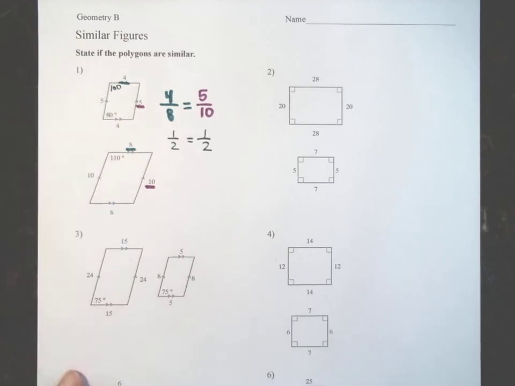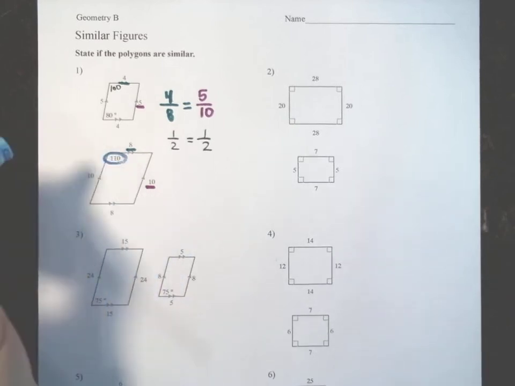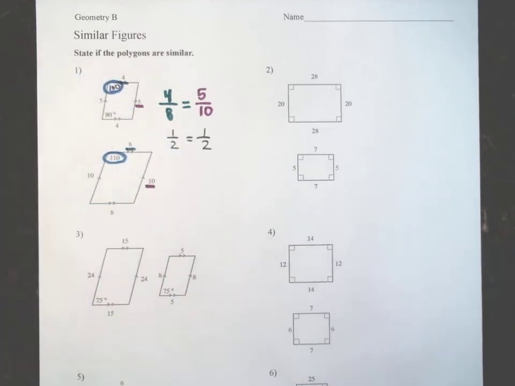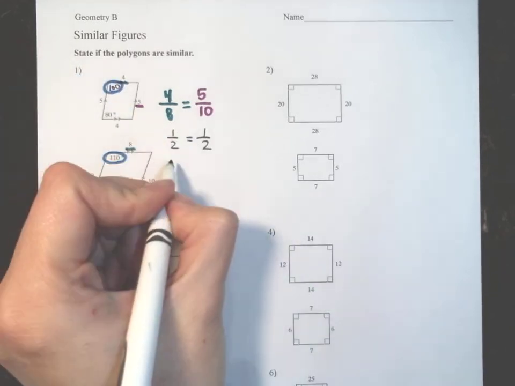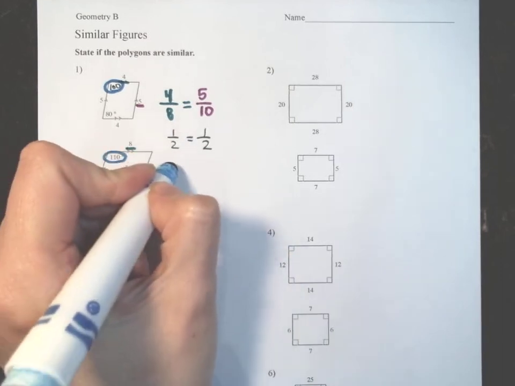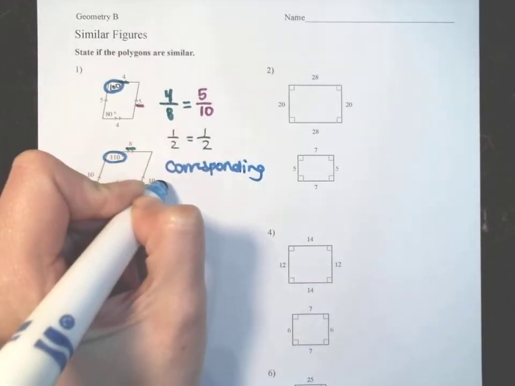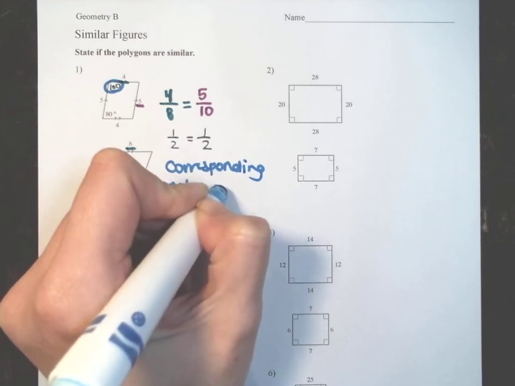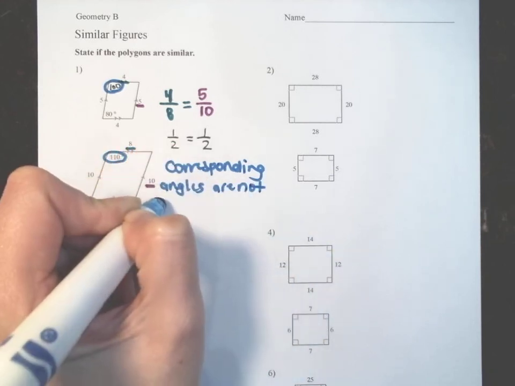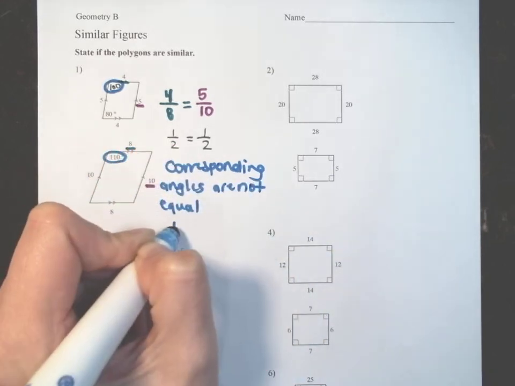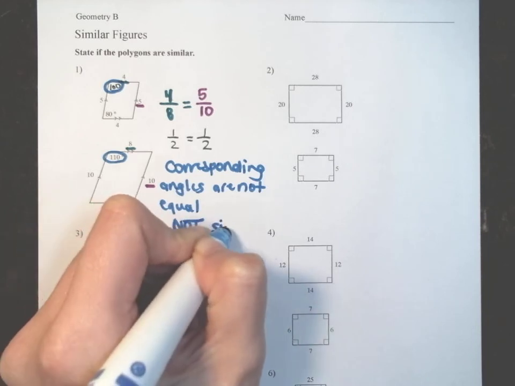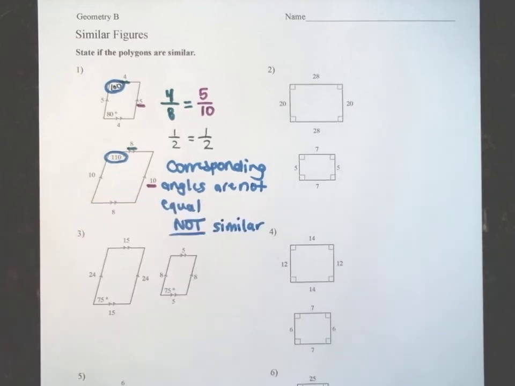So the corresponding angles are not equal, which means these are not similar figures.